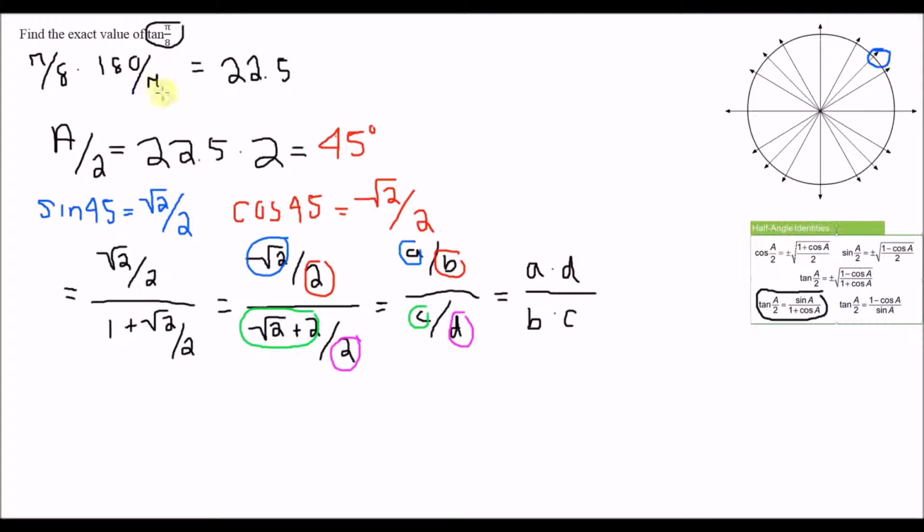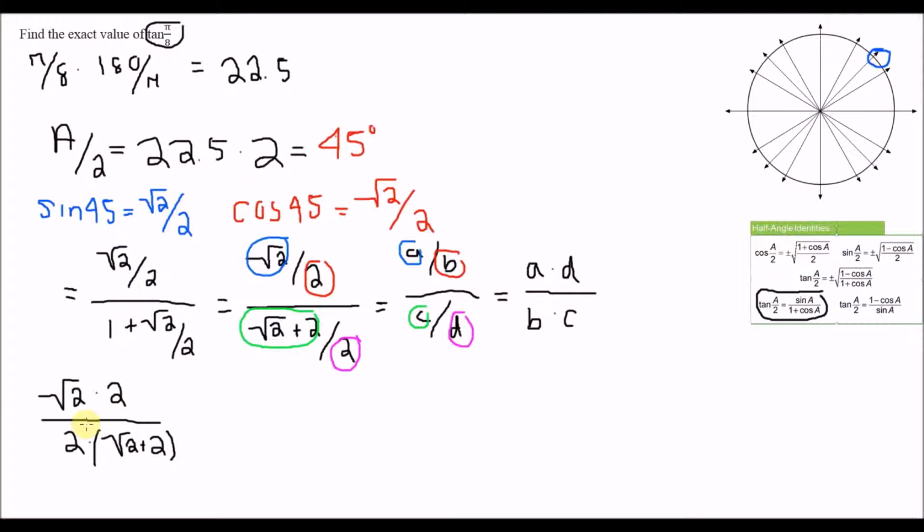So we're just going to rearrange our little formula that we got over here, and we're going to have square root of 2 multiplied by 2, over 2 times square root of 2 plus 2, and I put these in parentheses.